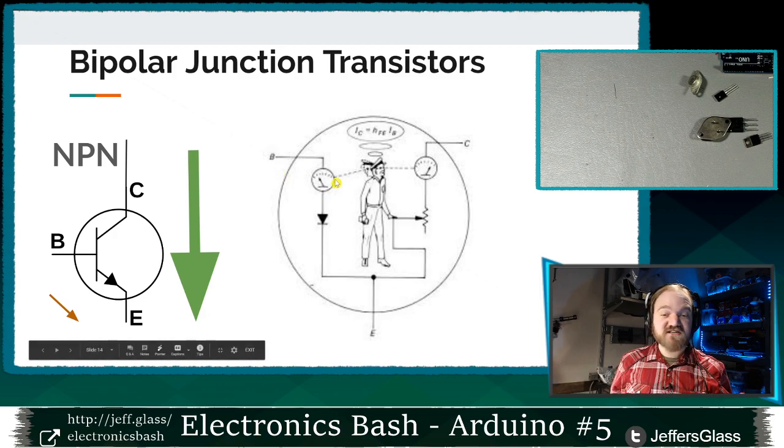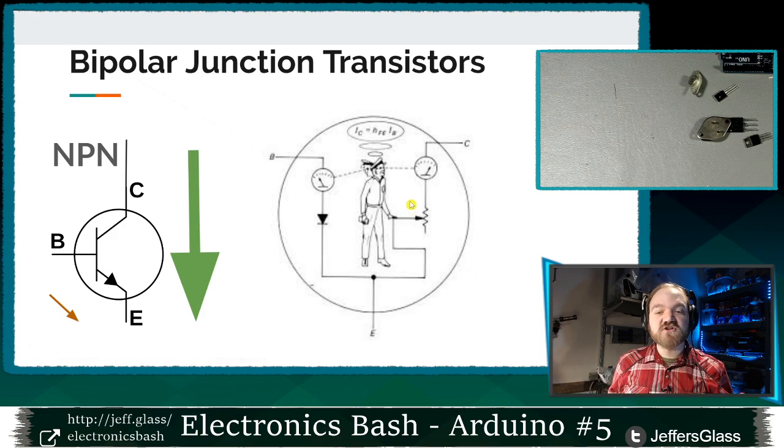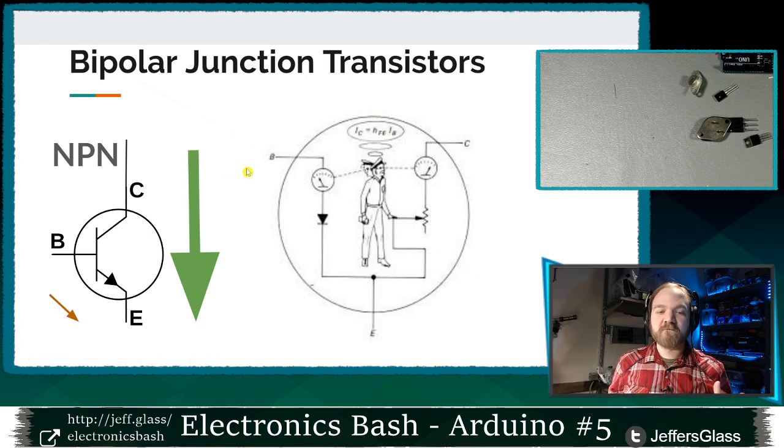If Mr. Transistor Man sees 1 milliamp flowing from base to emitter, say, he might say, well, I'm going to turn down the resistance of my collector-emitter junction so that 100 milliamps flow, or 200. He tries to reduce the resistance between the collector and the emitter to allow lots more current flow, some large multiple of the current between the base and the emitter.